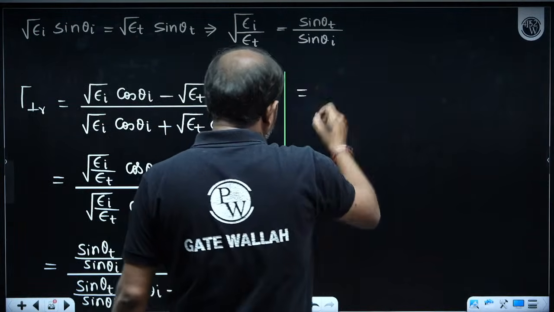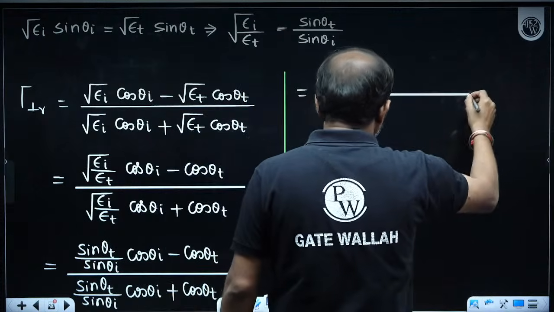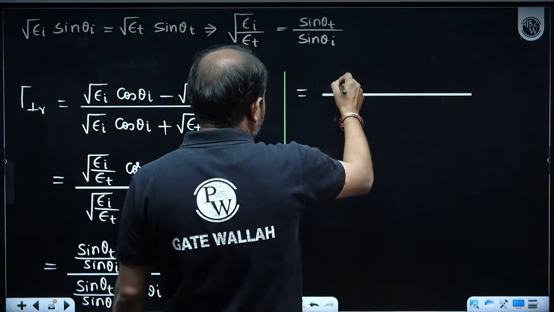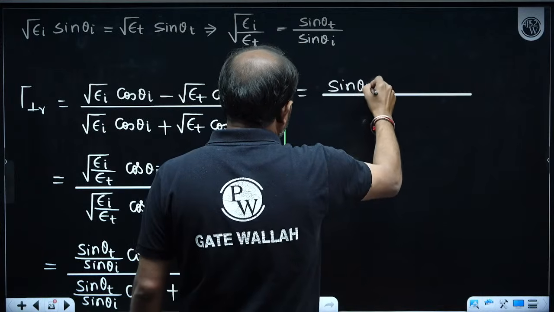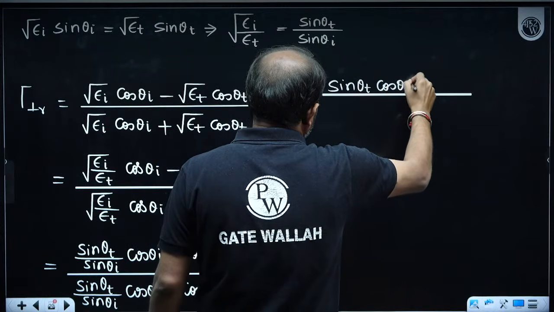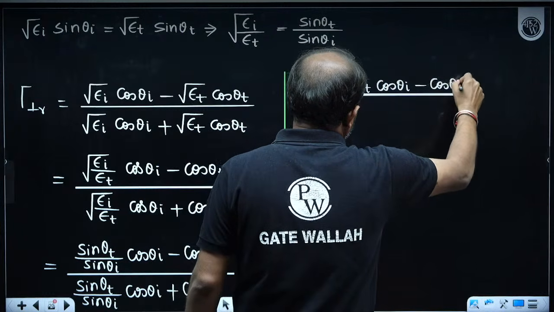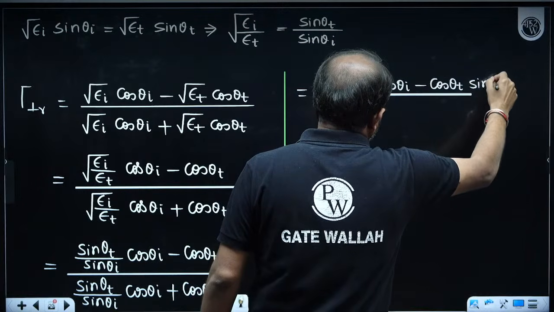So the ratio will be sin theta t, cos theta I, cos theta t, sin theta I.